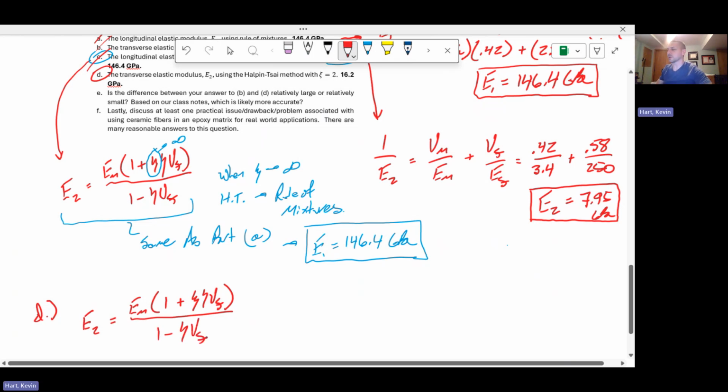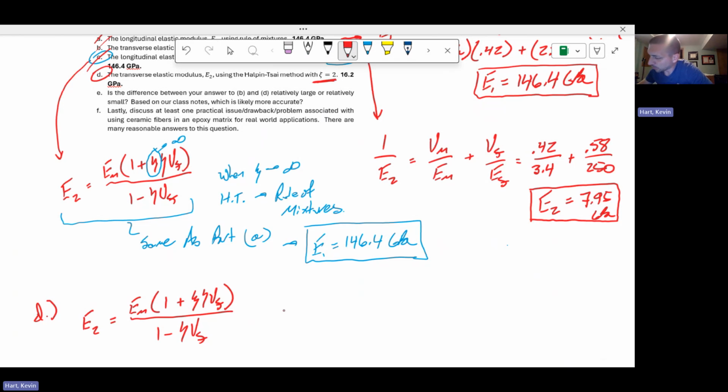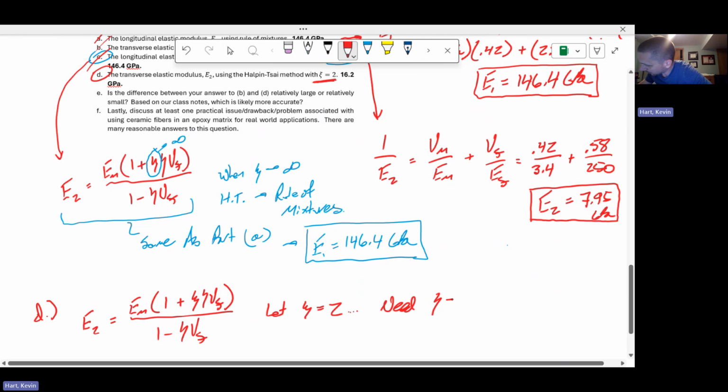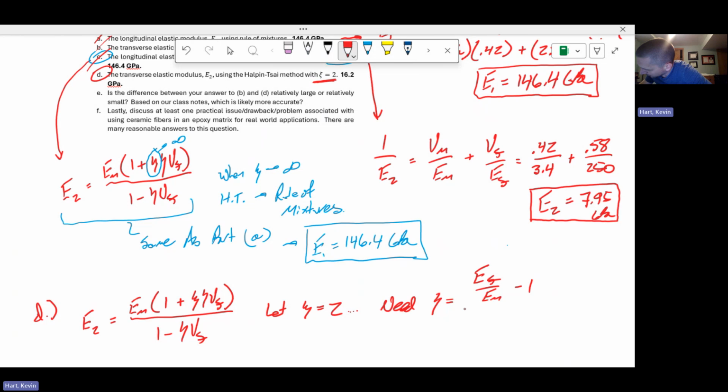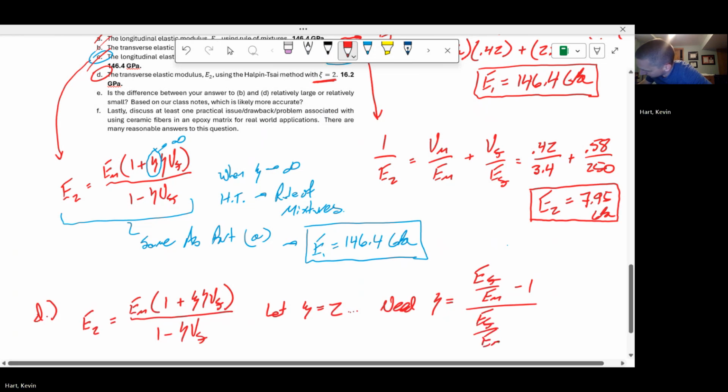It's our general Halpin-Tsai equation. And it says to use xi equal 2. We will need eta, which remember is (EF over EM minus 1) divided by (EF over EM plus xi).